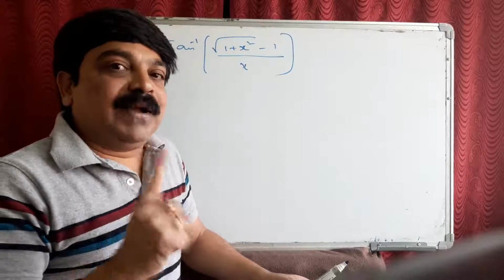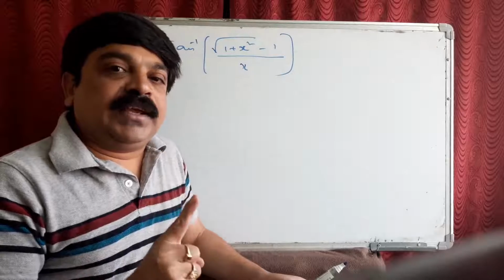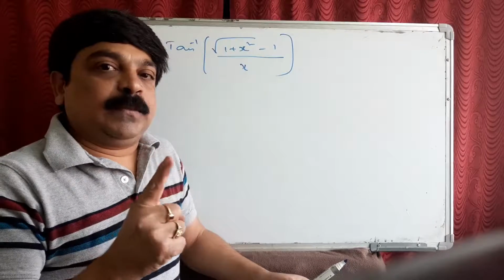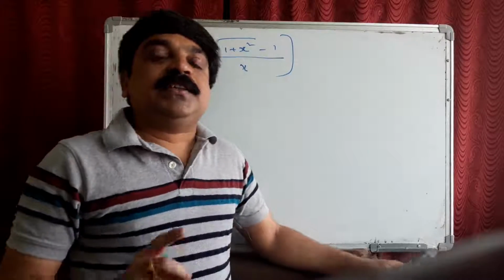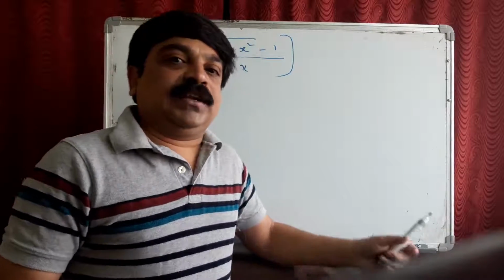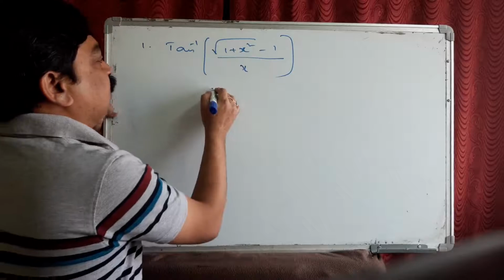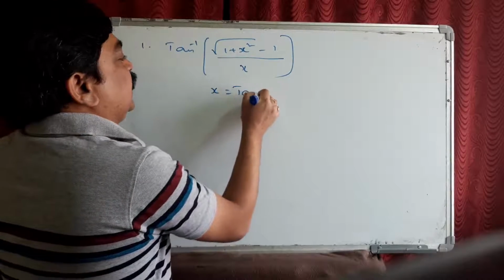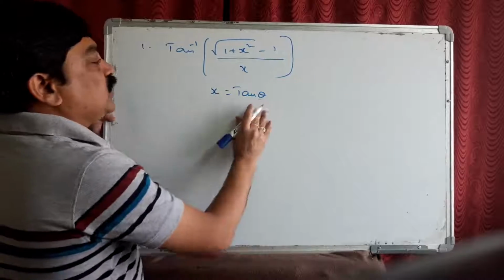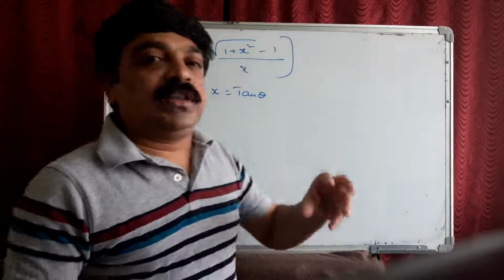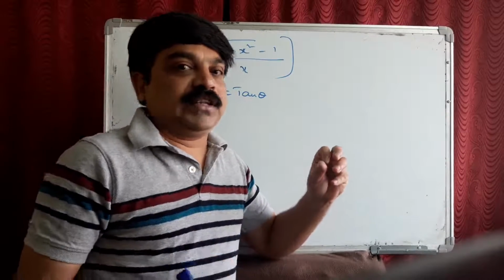When it is 1 minus x square, we should take x as sin theta or cos theta. If it is x square minus 1, we should take x as secant theta or cosecant theta. Here it is 1 plus x square, so I take x as tan theta. You can take it as cot theta also.